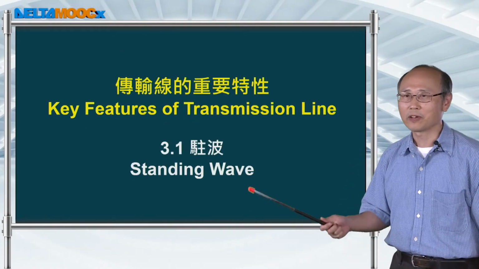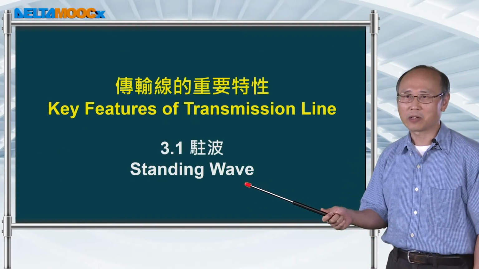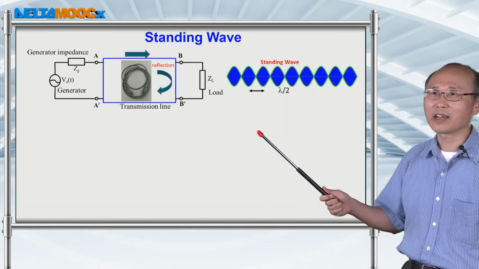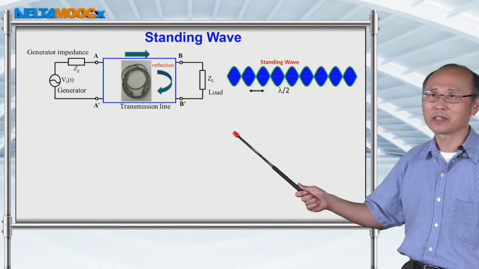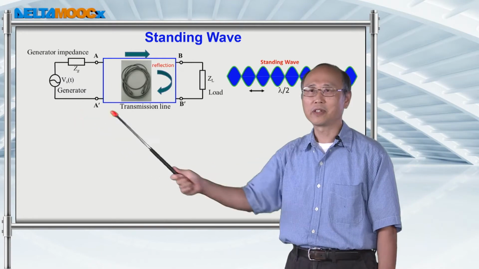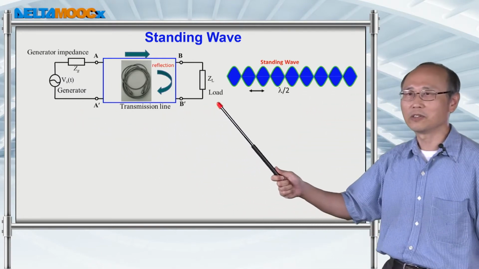So the first part of my lecture is about standing wave. On this slide, I want to refresh your memory that the transmission line circuit consists of a generator, a transmission line, and a load.